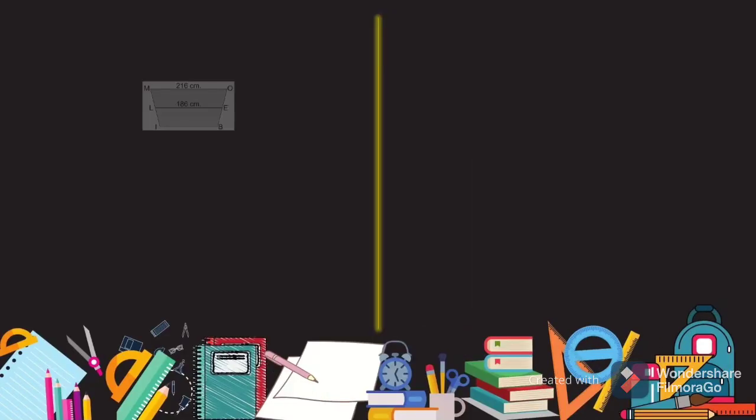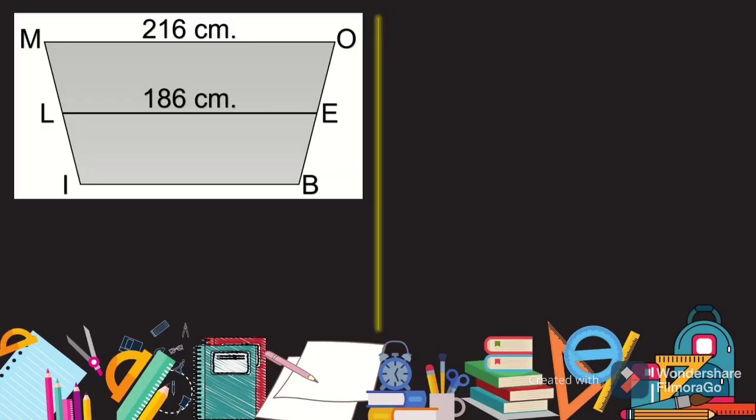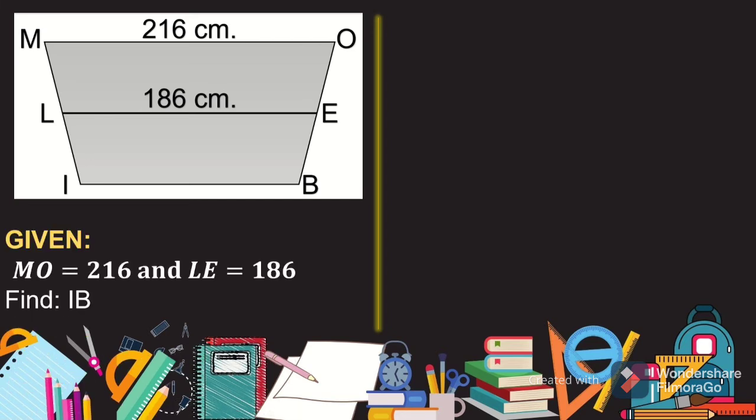Number 3. Given the trapezoid MOBI, we have line MO, which is equal to 216 centimeters, and line LE, which is equal to 186 centimeters. This time, one of the bases is the unknown, which is line IB.